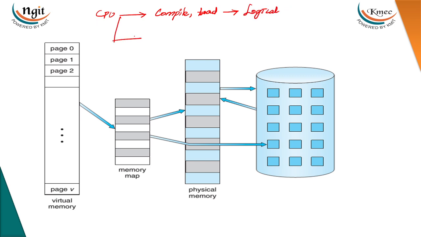But if the memory management unit generates the physical addresses at the time of running the program, that is at execution time, those addresses we call virtual addresses, and that memory we call virtual memory. The group of all virtual addresses of that process we call the virtual address space.